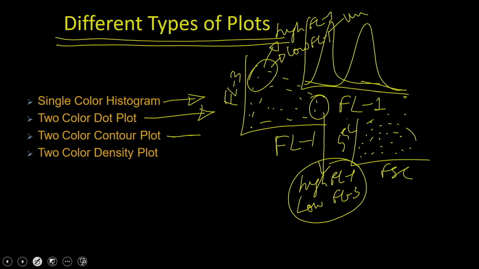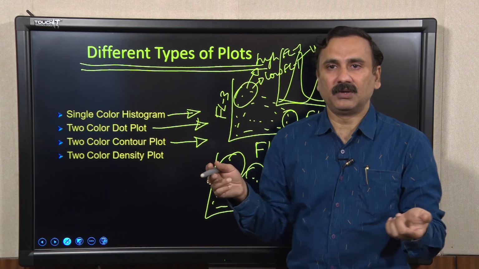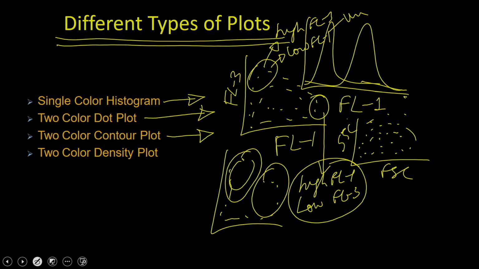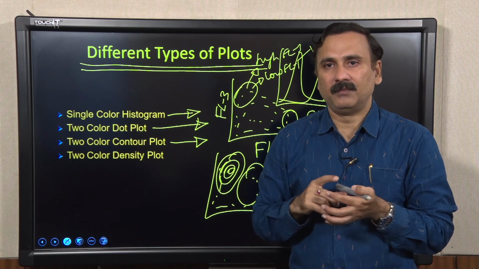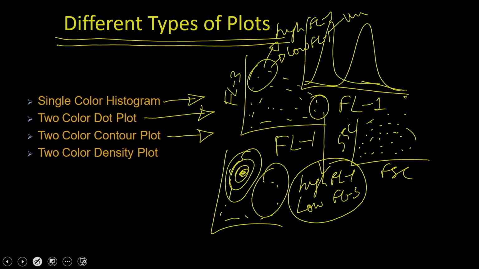Similarly, you can have the contour plot. A contour plot is an extension of the dot plot. A dot plot gives you the dots, whereas the contour gives you a contour-like covering of that particular signal, and it tells you whether the signal is going up or going down. The contour shows you a circularized pattern, where in the center it shows you the highest signal.